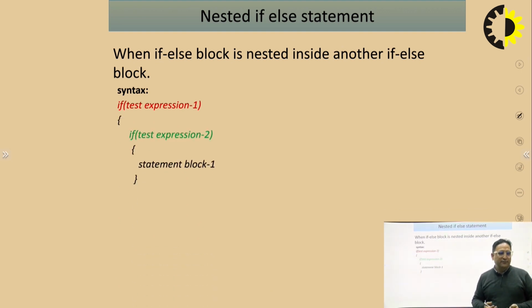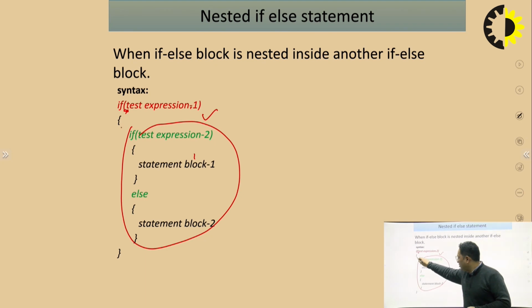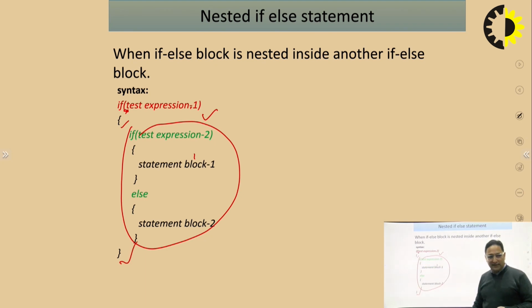You have an if, but based on a certain expression, your condition is getting true or false. If it is true, then within that if block you are executing some if and else statements. So this if can have other if and else within its block, right?